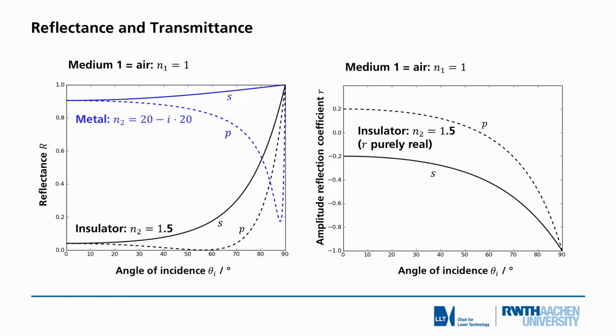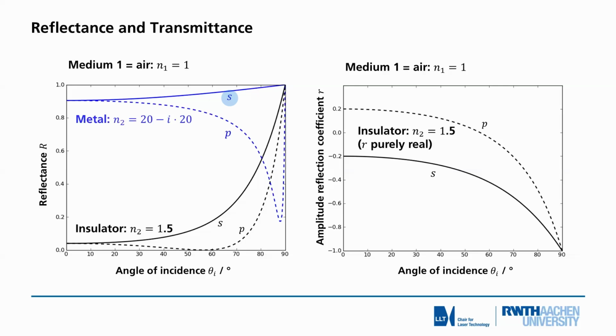Again, absorption is not included in this model. And you can see that for polarization perpendicular to the plane of incidence, which is S-polarized radiation, we have very little dependence on this angle of incidence. So it just changes from pretty high values. Metals reflect very well, at least for visible light, and that's what is assumed here as an example.